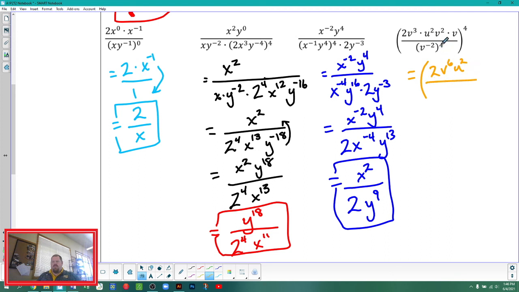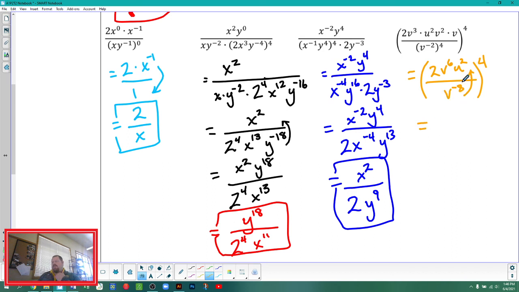On the bottom, I have negative 2 v's and to the 4th power. So that's going to be v to the negative 8th. The v to the negative 8th is going to come up to the top. And really, you could use your quotient rule here. That would work also.